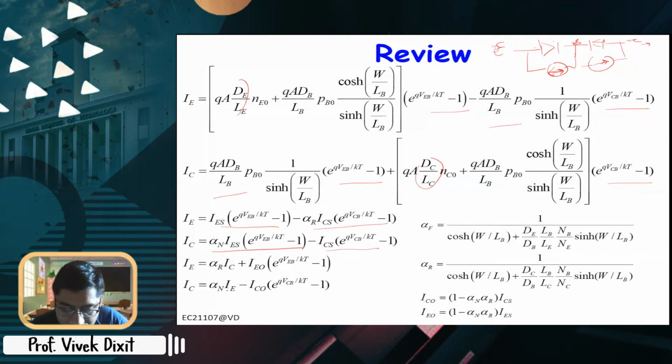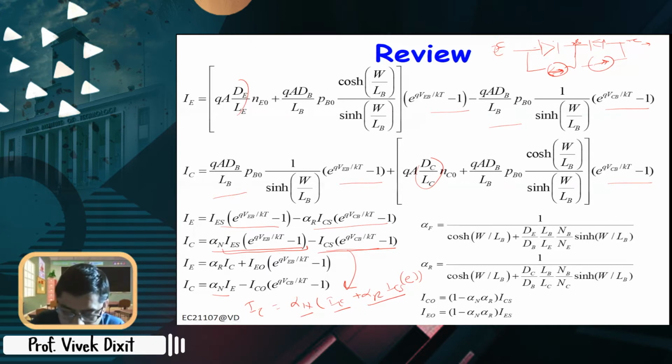So this will basically be alpha n times, see here this equation, IC is alpha n times, now you are substituting IE plus alpha R ICS exponential term, right? So alpha n IE is here, and this alpha R ICS and minus ICS, right?